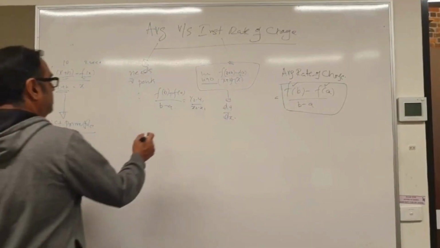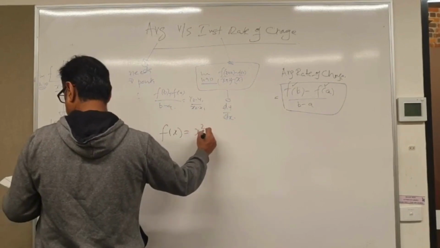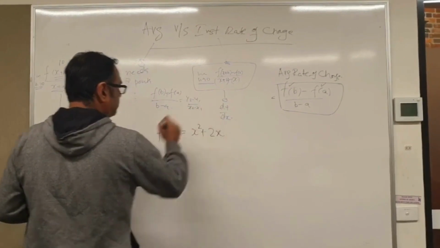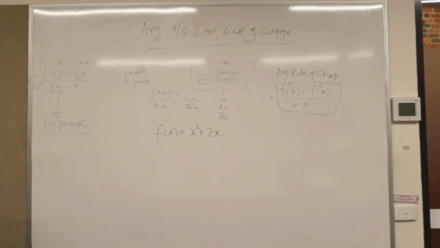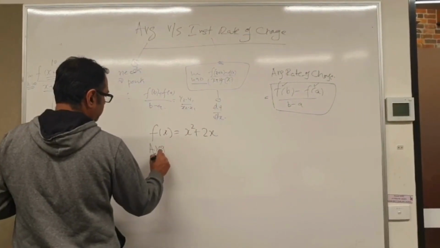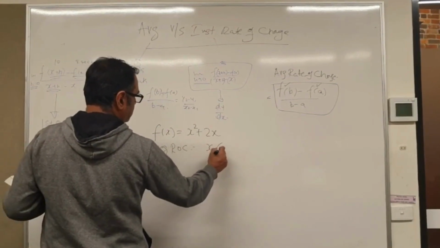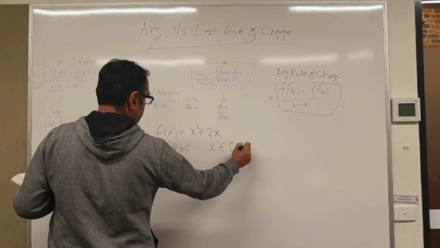Now, let's do a question. Let's say your f of x is x squared plus 2x. Can you find the average rate of change, and I say ROC, where x belongs to 2, 3?